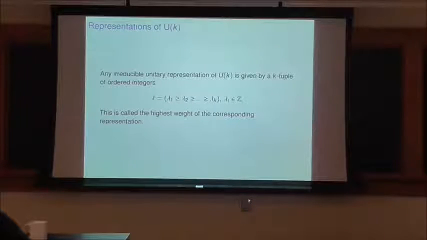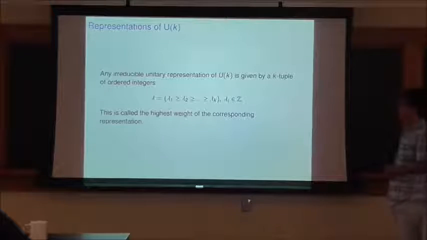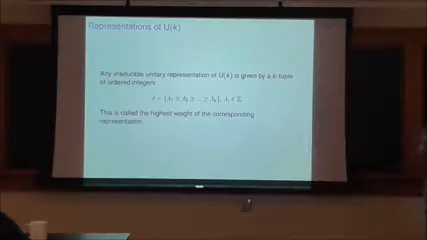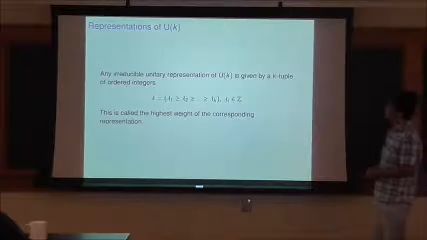So to be fully consistent, I should say a few words about representations of the UK algebra. Generally, people think of the UK algebra as SUK times U1, but it's interesting to study the representation theory of UK by itself. And typically, an irreducible representation of UK is given by a k-tuple of integers, lambda, where you specify the order here.